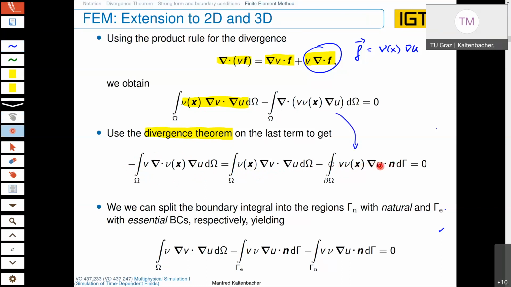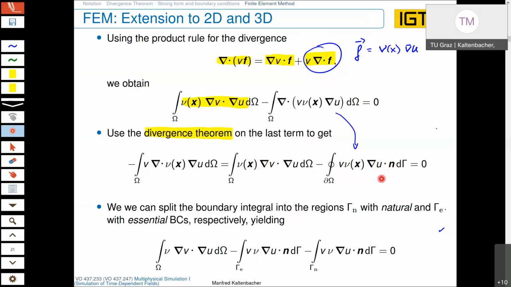And now if we look at this part here, it's clear. Again, we just have first order derivatives on the test function and the unknown u, and also here the unknown u. Don't forget that there is a dot product with the normal vector.